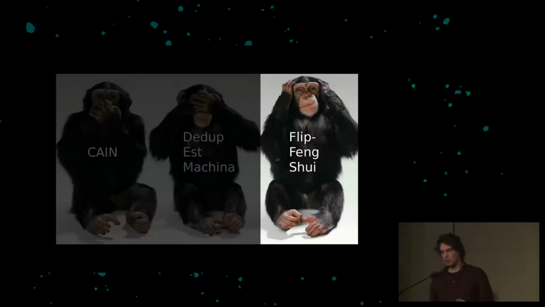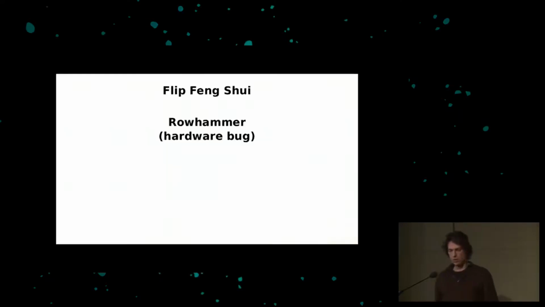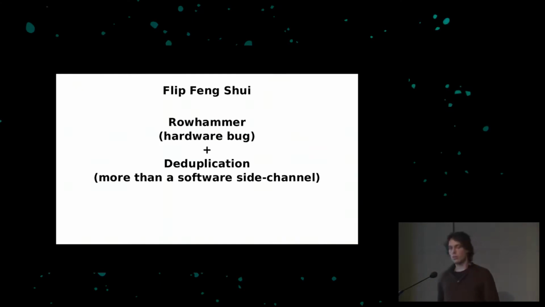The third attack we call flip feng shui. We are also using Rowhammer in combination with deduplication, but in a different way. We won't be using deduplication as a software side channel anymore, but we will be using it to make Rowhammer a more useful exploitation primitive.